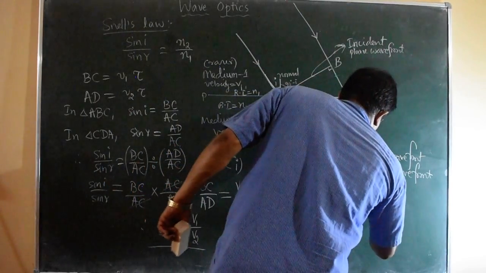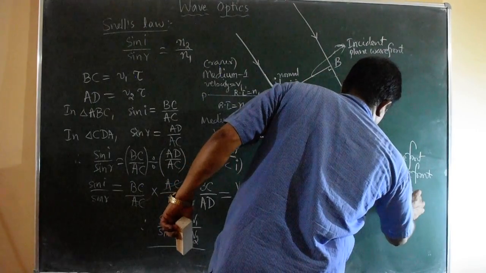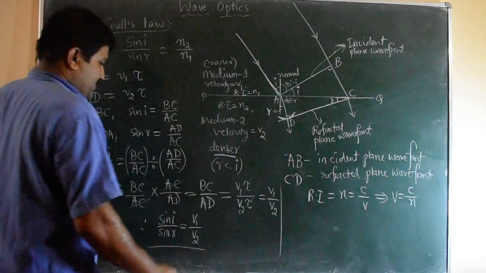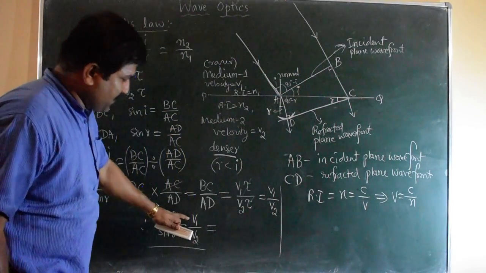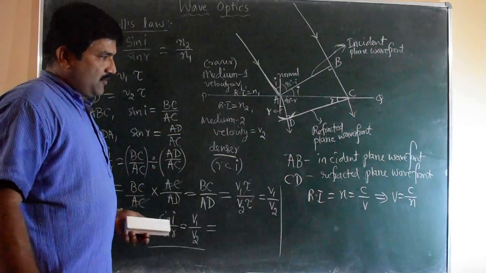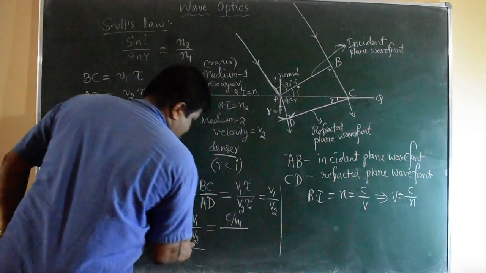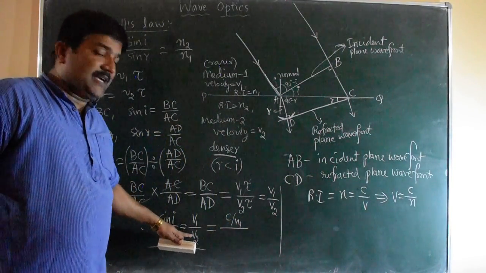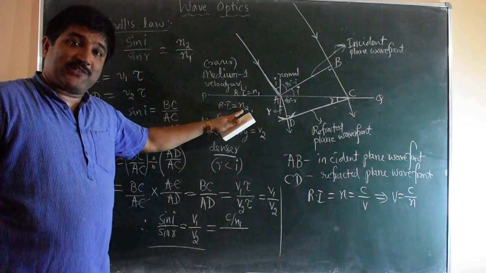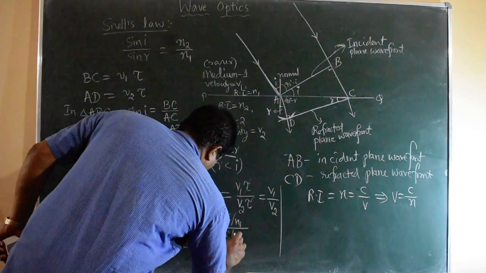How? n equals c by v, which implies v equals c by n. So for the first medium, velocity V1 is c by n1, and for the second medium, V2, the velocity of light in terms of refractive index, is c by n2.